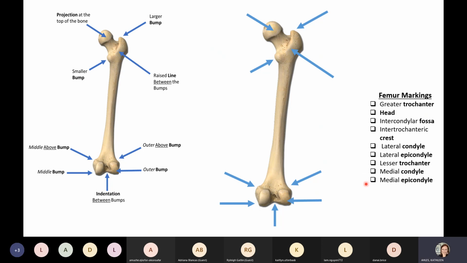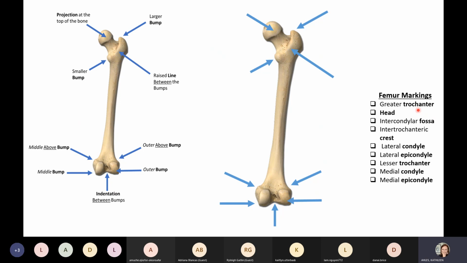Now, I can't emphasize this enough. Make sure you hear me when I say this. On the exam, I promise you, I am not going to ask you, where is the greater trochanter on the femur? I promise I'm not going to ask that on the midterm. I'll ask that on the final, but not on the midterm. With this activity that we're going to go through and work on together here, the goal is not for you to learn where any of these bone markings are.